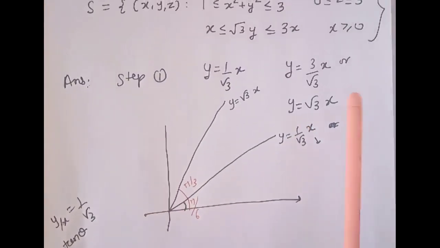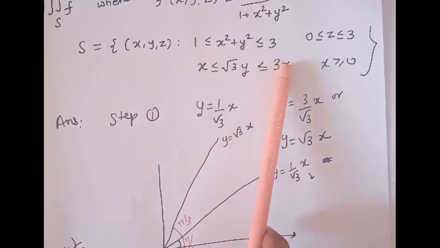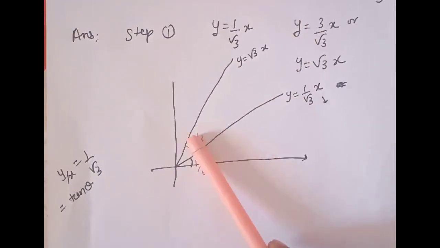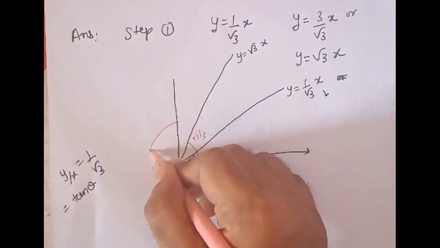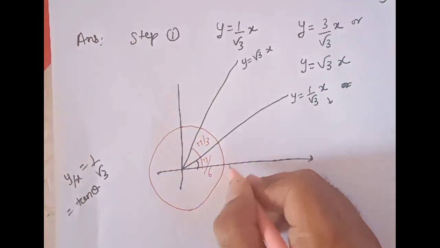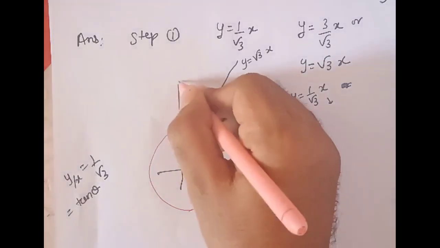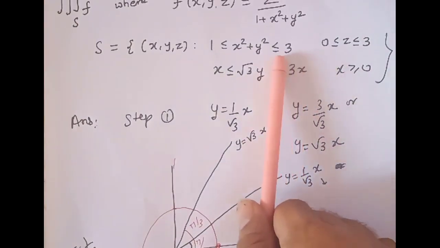Now the next information, we have circles, between two circles. Okay, so everything between these two lines. Next we draw the circle. So the first circle, something like this, is of radius 1, and the other circle is of radius square root 3, right?